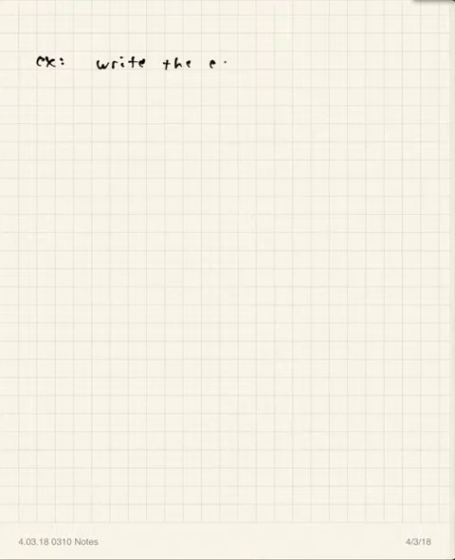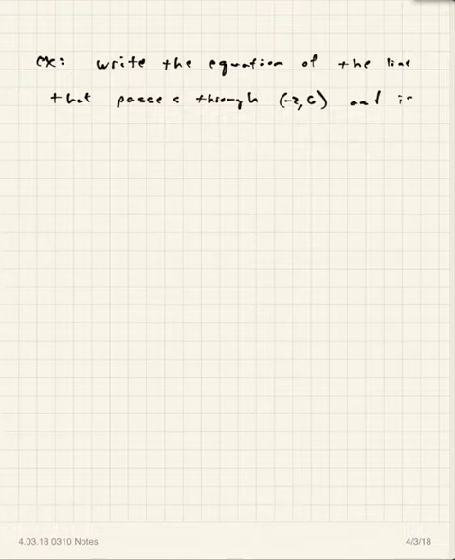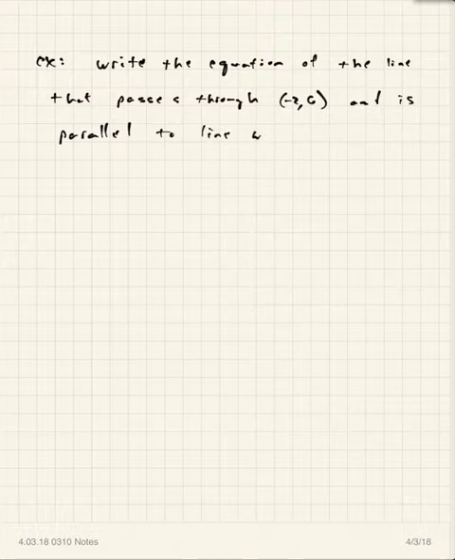Write the equation of the line that passes through (-2, 6) and is parallel to the line with equation x equals 4.